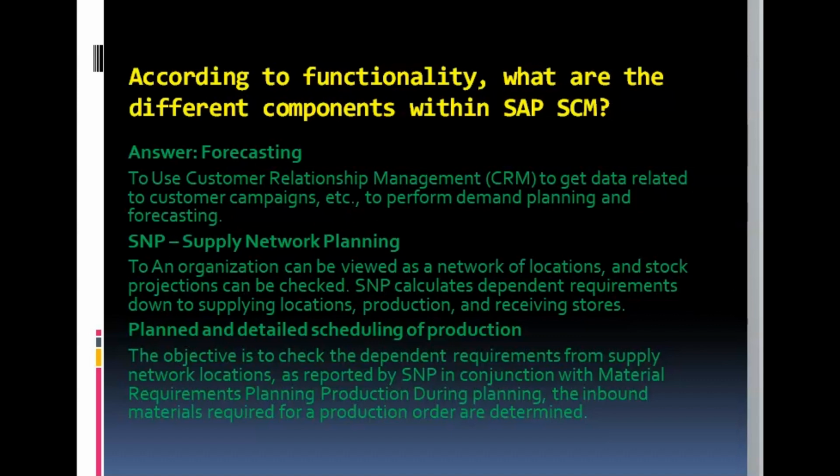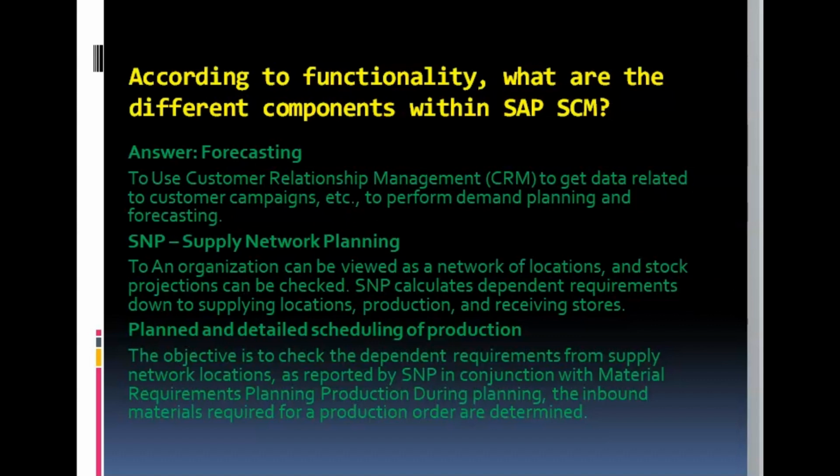SNP, Supply Network Planning: an organization can be viewed as a network of locations, and stock projections can be checked. SNP calculates dependent requirements down to supplying location, production, and receiving stores.